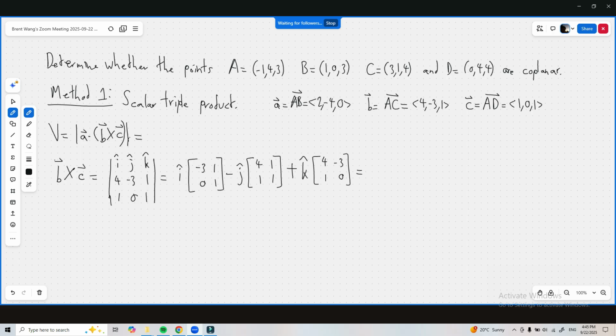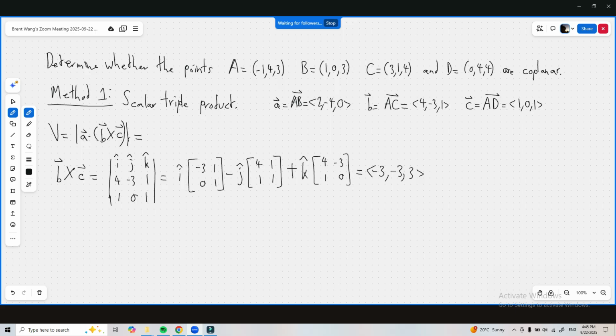And this would equal, for our I component, -3; for J, 4 minus 1 is 3, but this is negative, so -3 again; and K, plus 3, so 3. And this is the value of the cross product.